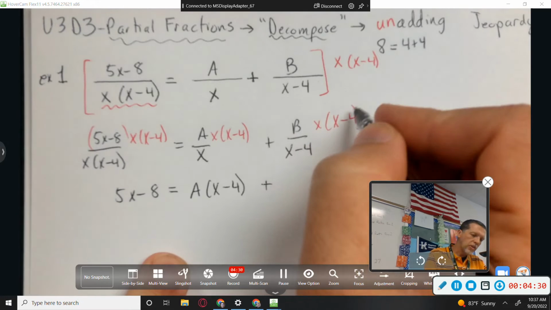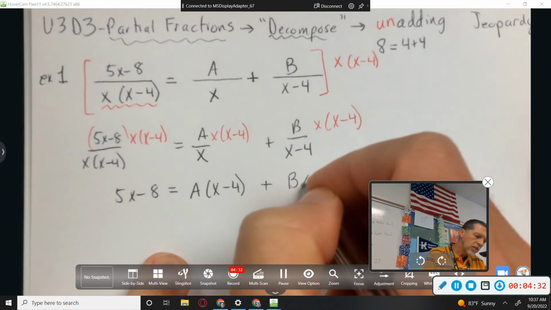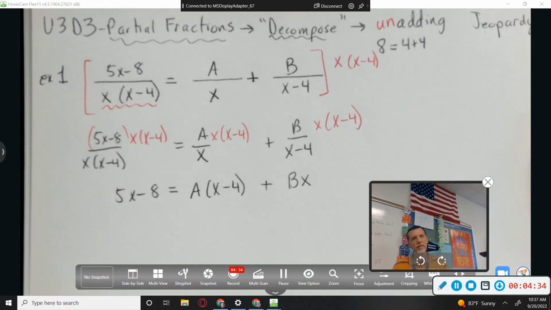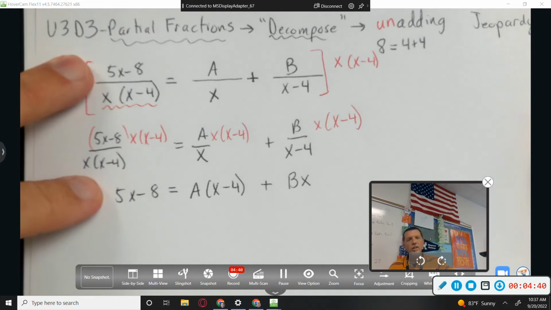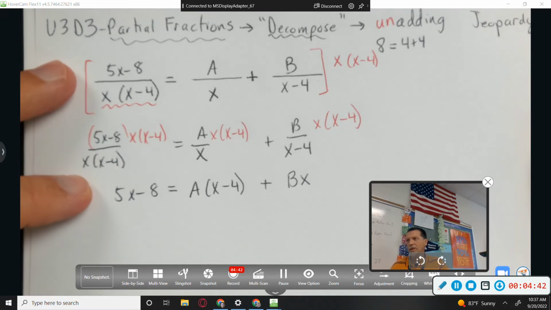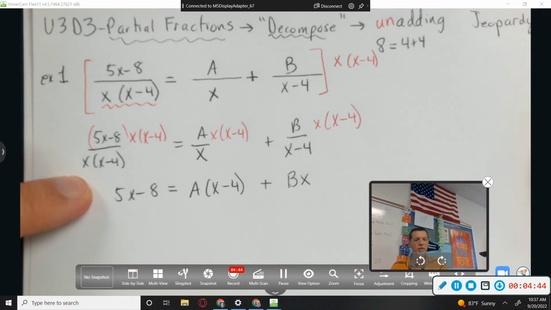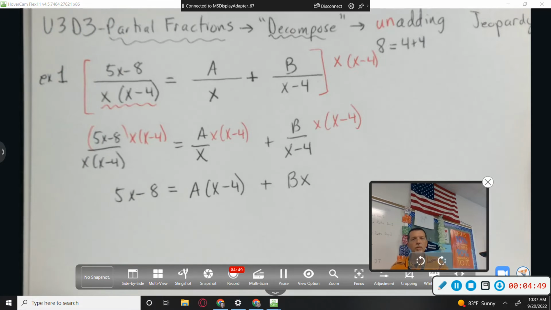On that third term, the x minus 4's cancel, and we're left with b times x. I don't know that got us a whole lot closer to finding what a and b are, but it's a whole lot easier equation to look at than what we were dealing with.